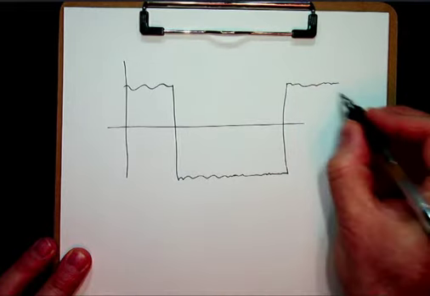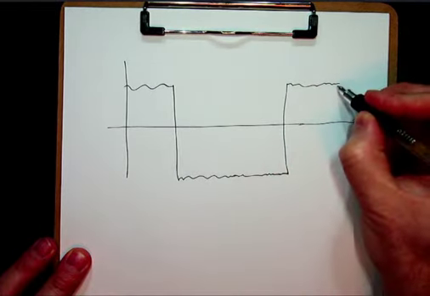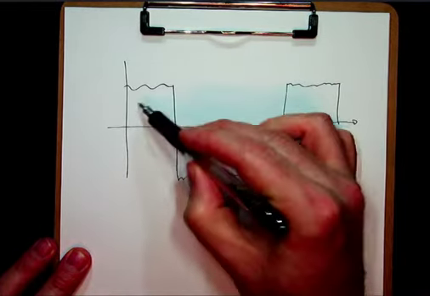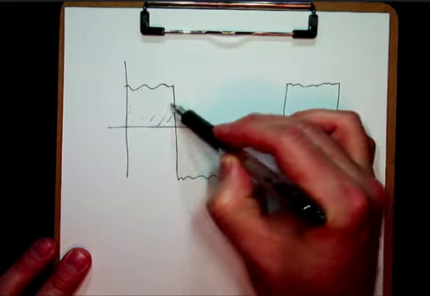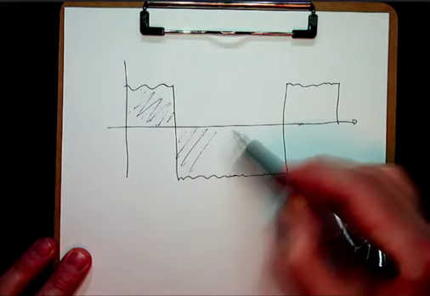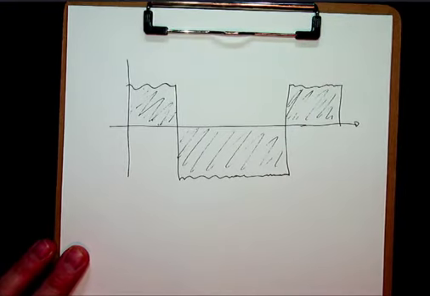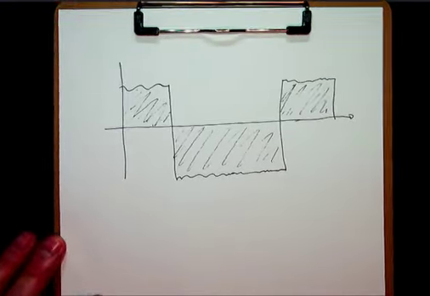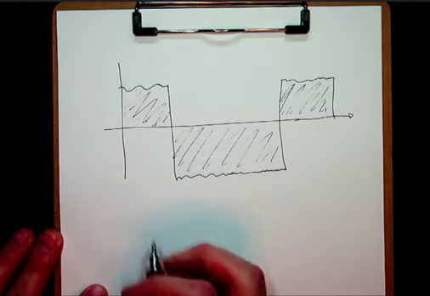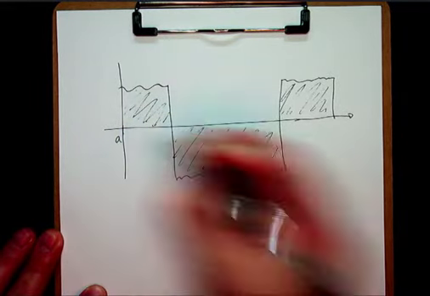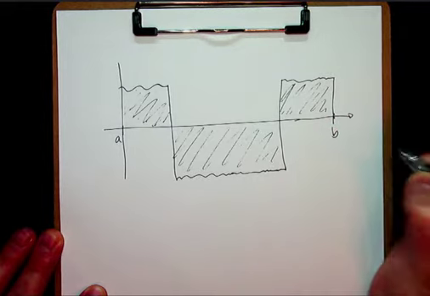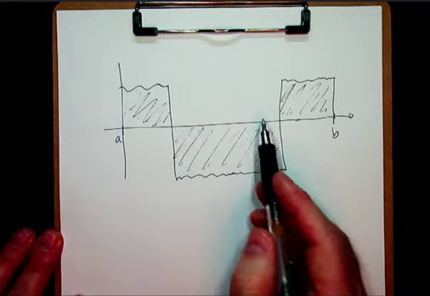Now, if you were to find the absolute value of this area, the absolute value of this area, and the absolute value of that area, you would have what is called total distance. If you were to simply integrate from a to b, you would only get the net.